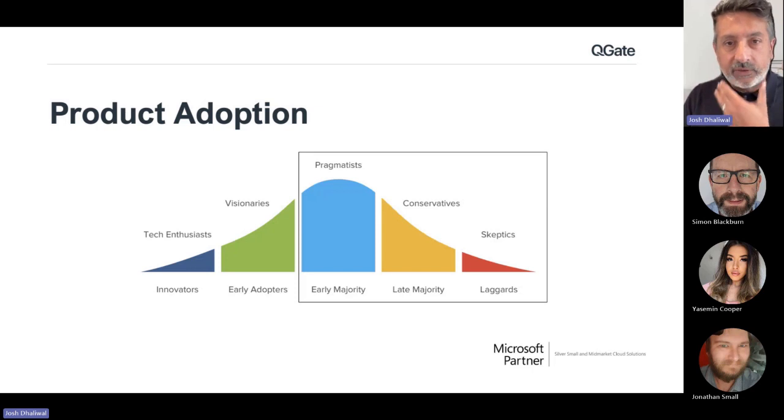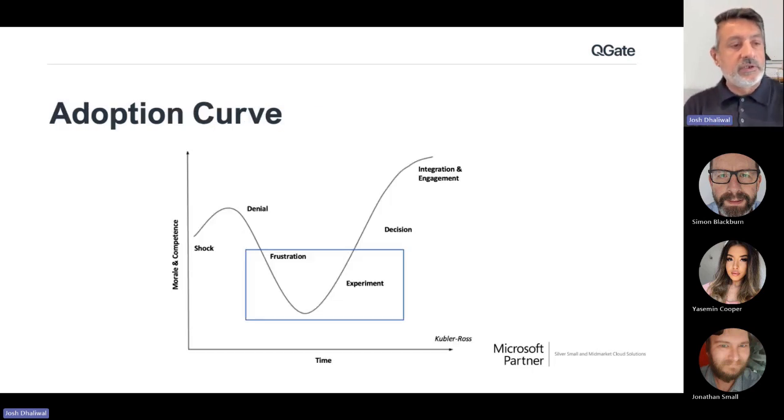I want to share something else with you here, which is interesting, which is based on some research that was done back in 1969, way before I imagine any of us on this call were born, marginally so in my case. This was put together by a Swiss-American psychiatrist called Elisabeth Kubler-Ross, and addresses people's responses to change.